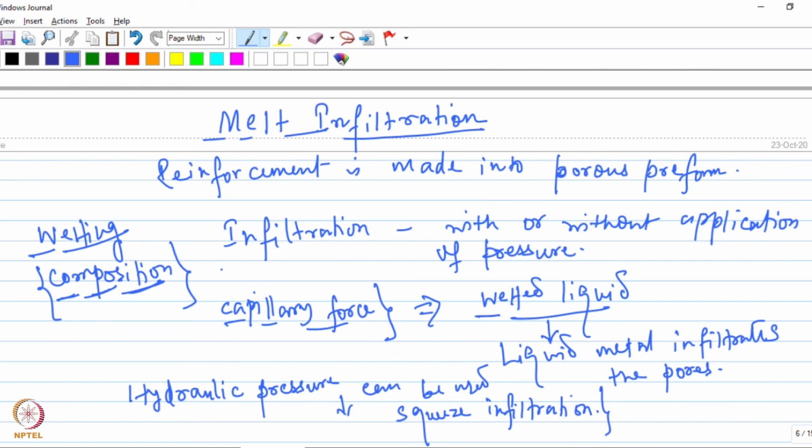So this has to be also considered when you make composites by the melt infiltration process. So let us quickly look at the advantages and the limitations of this process as well.